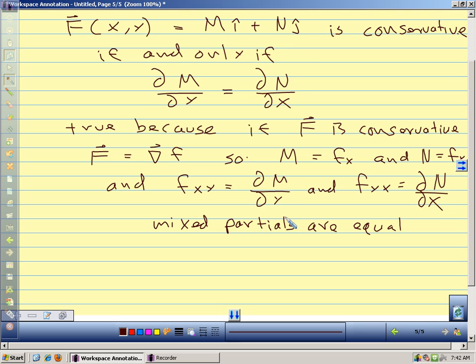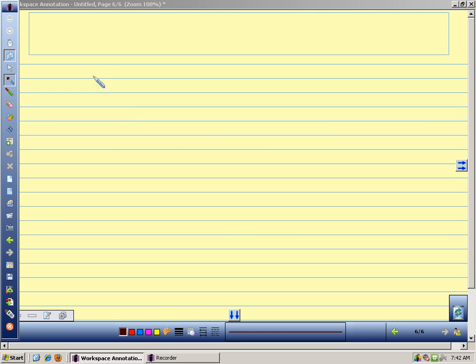So the questions about conservative fields are going to say, is the vector field conservative? And then we want to find a potential function. So everybody good with how we figure out if we have a conservative field? All right, so let's look at an example involving this.